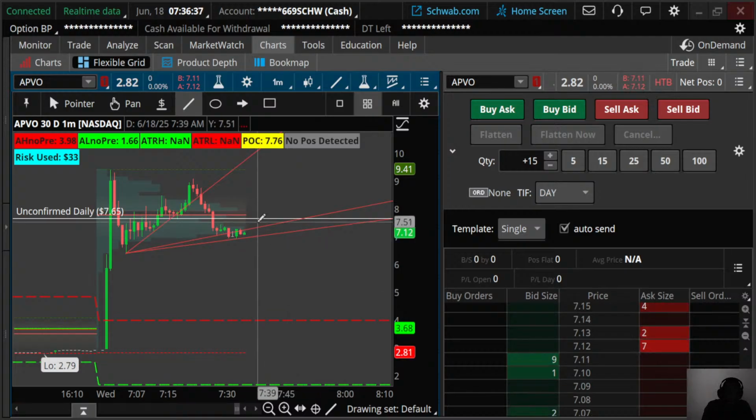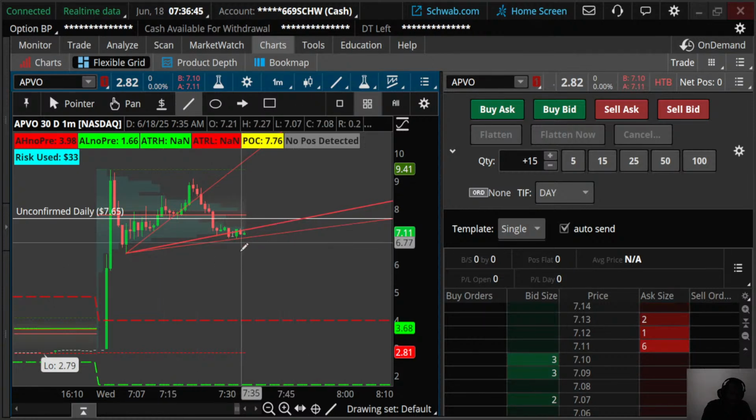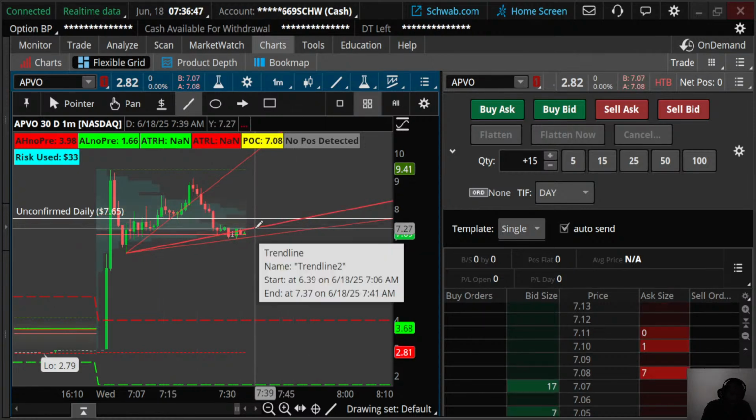First thing I need to start off is 2 points, 2 touch points, where it gets off of the trend aggressively. Then on that third one, I'm looking to see if it'll break down and recover.